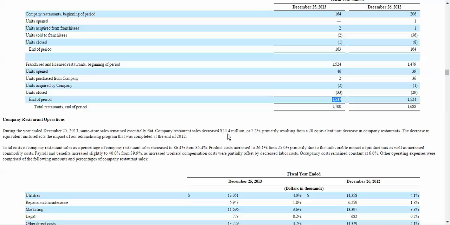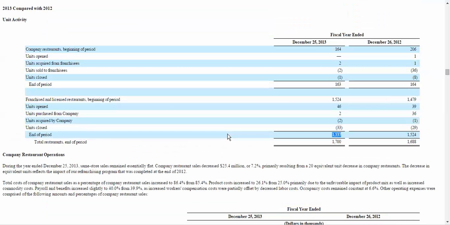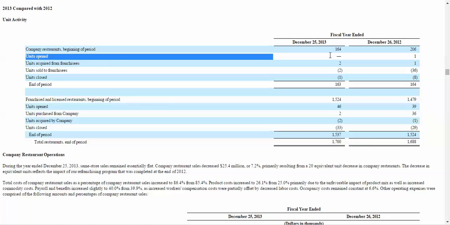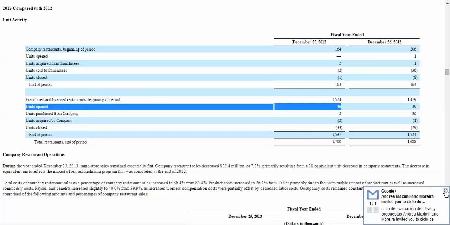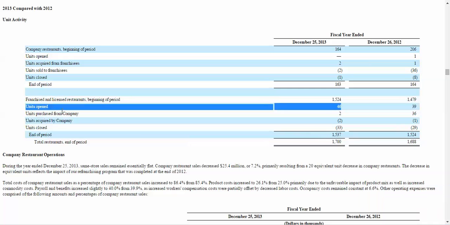Now, what is very interesting is to see that they are telling us how many units were acquired, how many units were opened. They didn't open one unit during 2013, but they did open 46 units during 2013 that were franchise units.